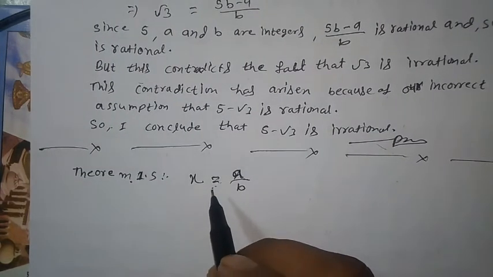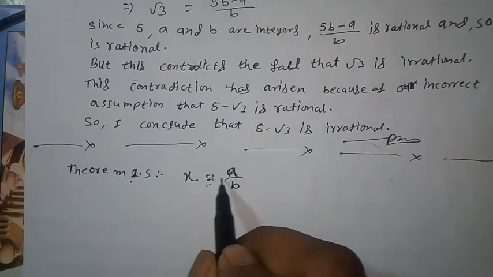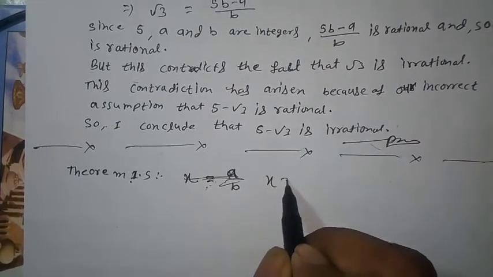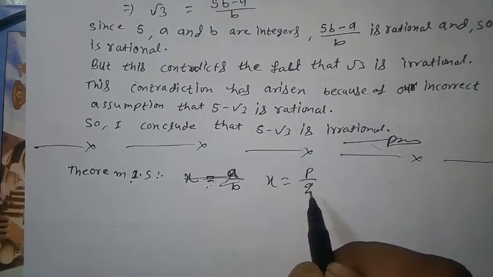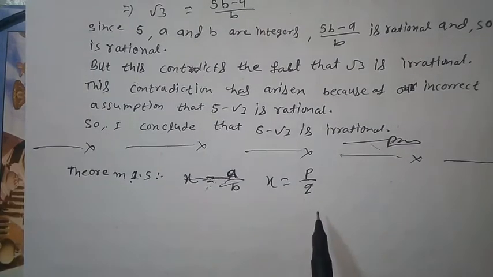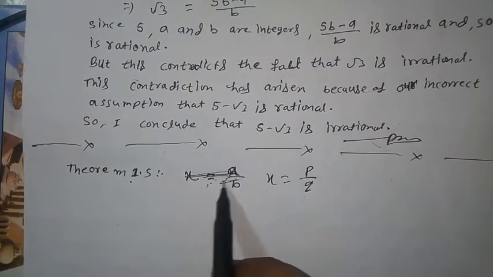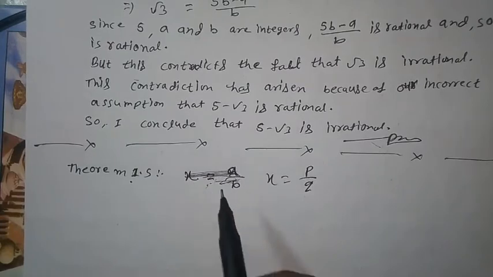Or I also write x is equal to p by q, because any rational number is in the form of p by q. I cannot write a by b.